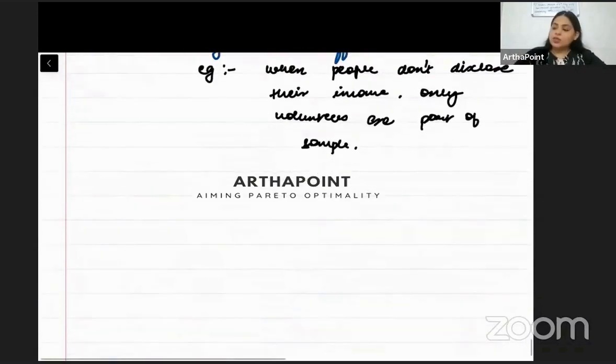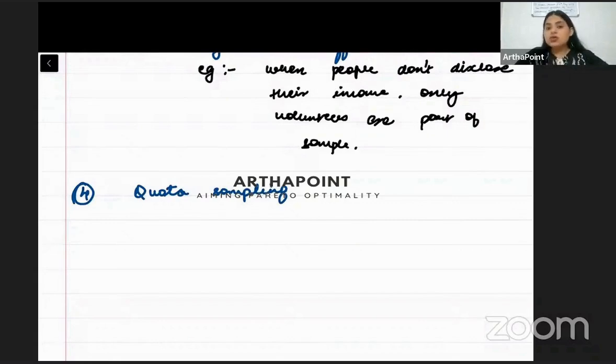Now come to the last one, the fourth one. This is called quota sampling. Now, many students in the exam will get confused between quota sampling and cluster and stratified.